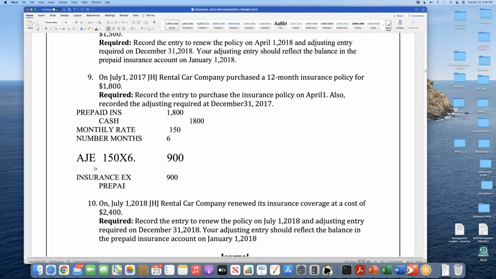Prepaid insurance for 900. So can we handle that now, possibly? Yes. Good.